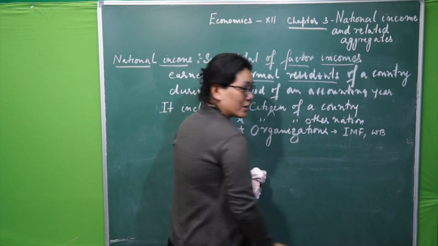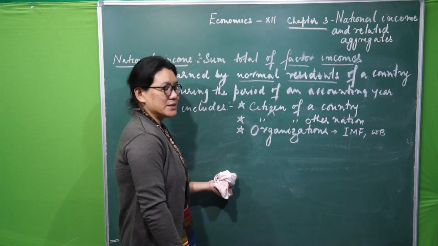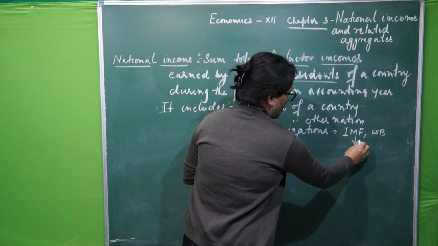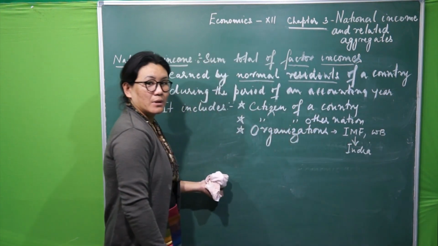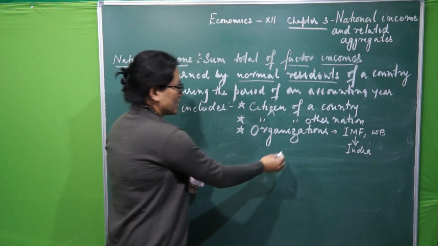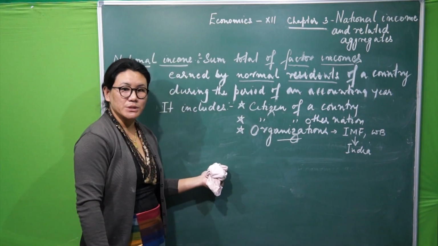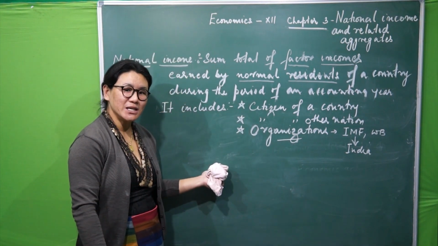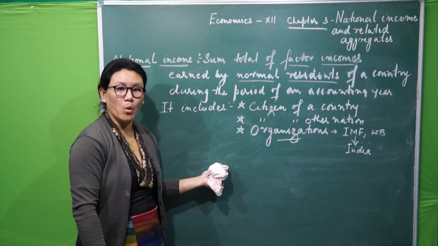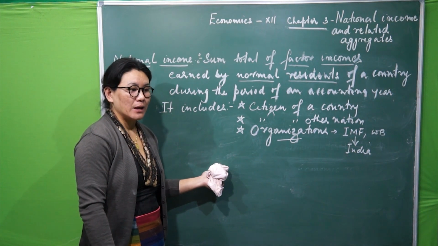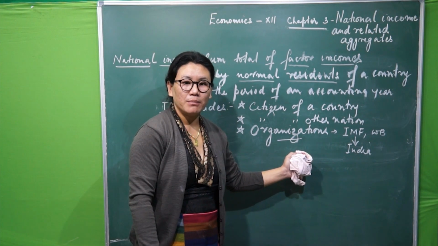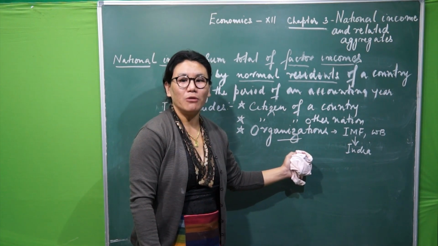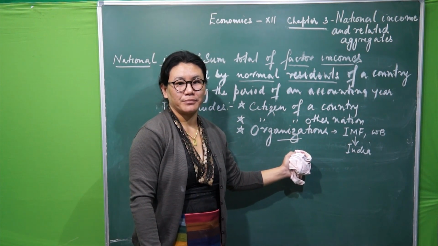These are international organizations. If it is located in India, will this organization become a normal resident of India? No. This international organization will become a non-resident of India. Got it?